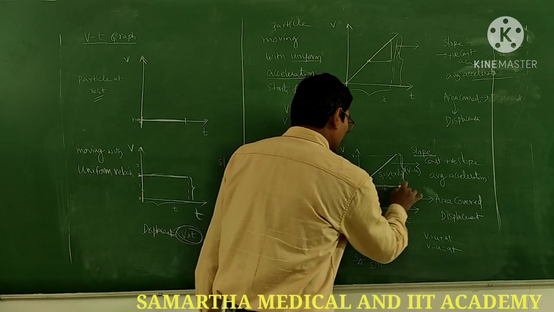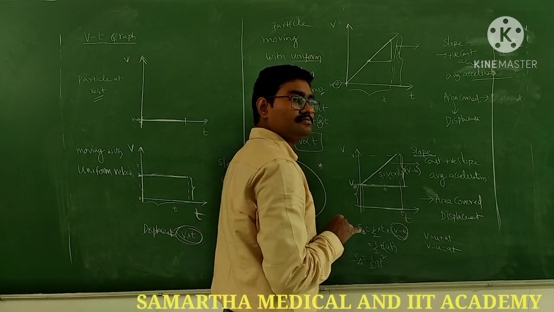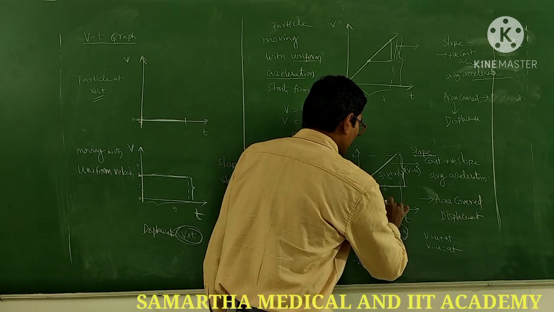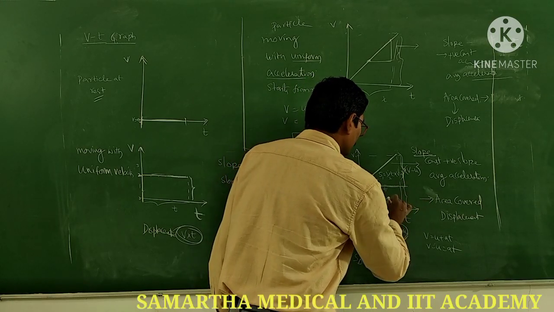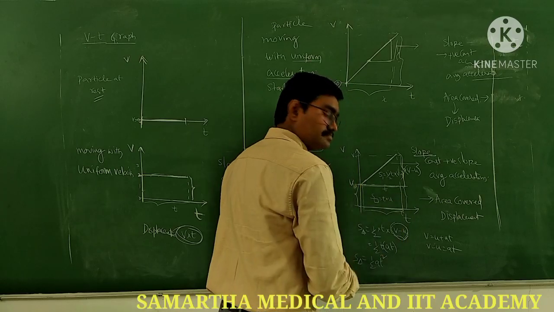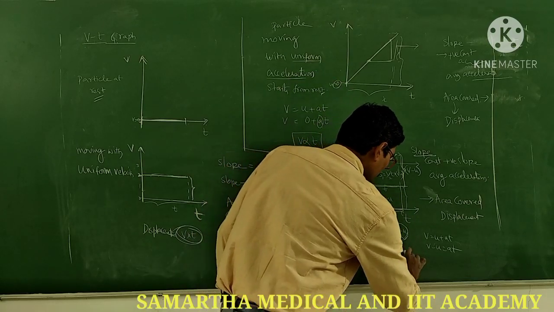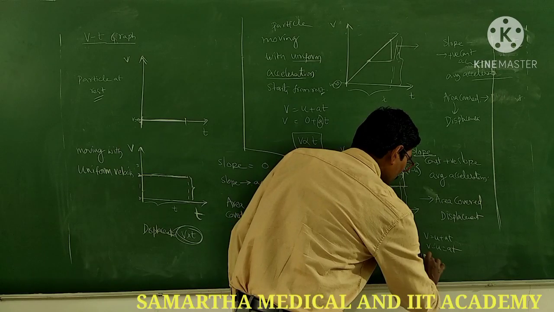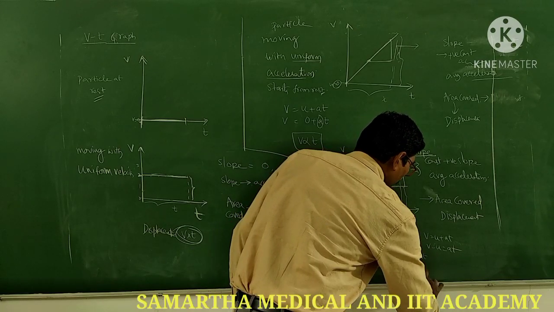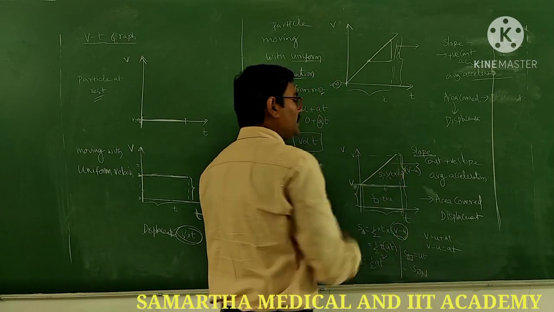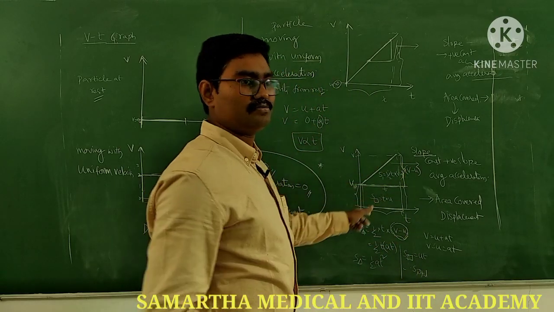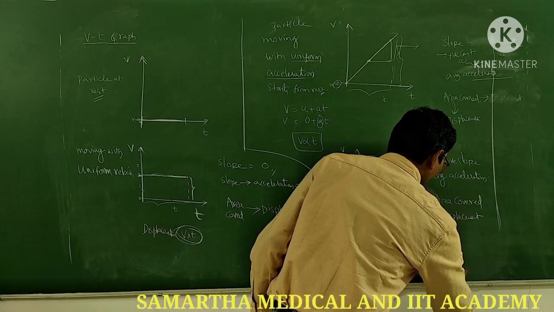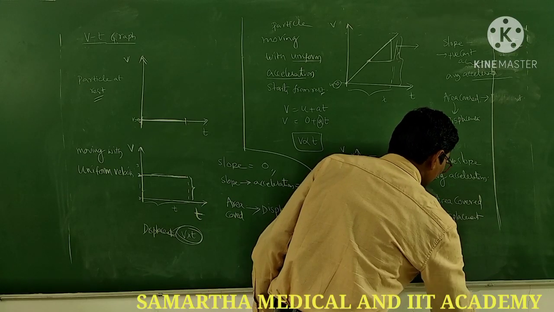Then what is the area covered for the rectangle? Length into breadth, so t into u, so ut. Therefore total area is the area covered by the triangle plus the rectangle.